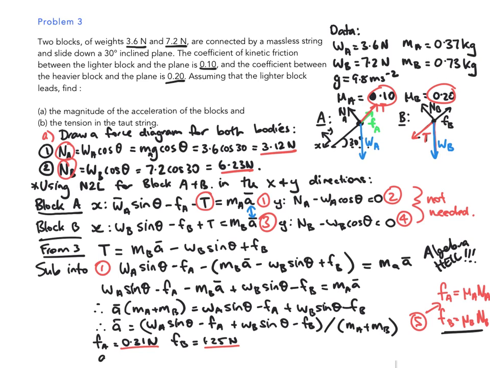This would be a horrible thing for me to do in the exam, so don't worry too much about that. The acceleration then, plugging everything back into this horrible looking equation 5, is, well, I won't write the numbers in. You can do that for yourself. We've got W_A, we've got theta, we've got F_A now, we've got W_B, we've got F_B, we've got m_A and m_B, and the answer comes out to be 3.5 meters per second squared.